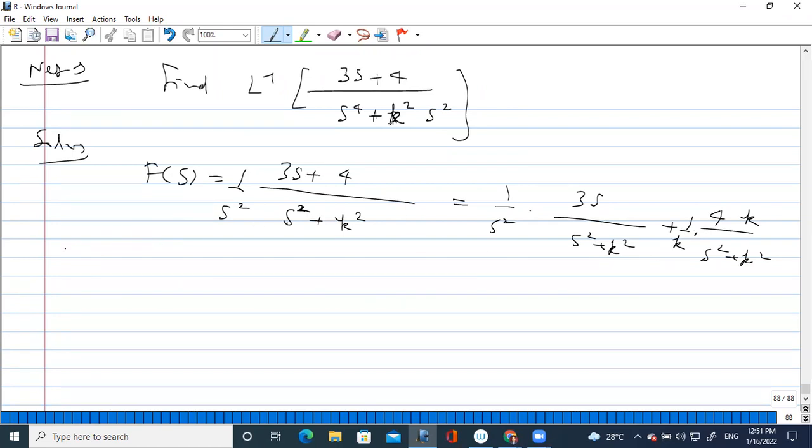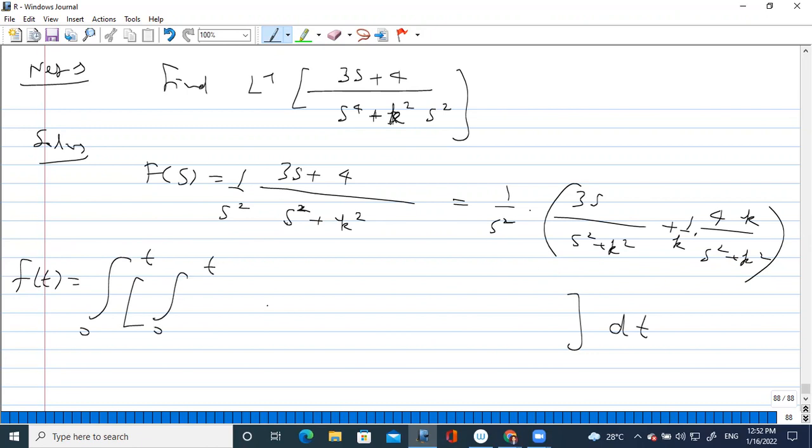So now I can take the Laplace inverse. 1 by s square means double integration I have to take. So directly I will write f(t). So f(t) will be integral 0 to t and dt. This is for one s. Again it is integral 0 to t dt for the second s, because this is 1 by s square.